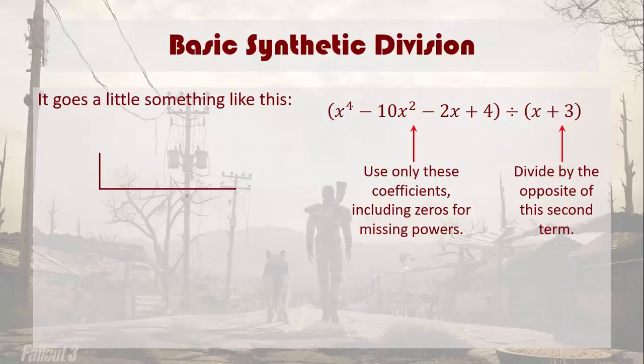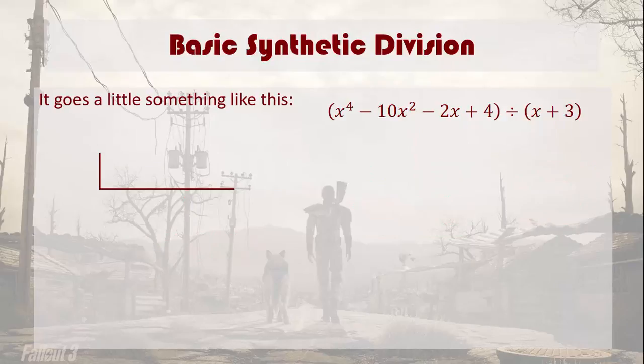So you're going to start by drawing a little box like this. We're going to take all of our coefficients and that second term of the binomial. We're going to take that second term, remember, change the sign, and put it right there.